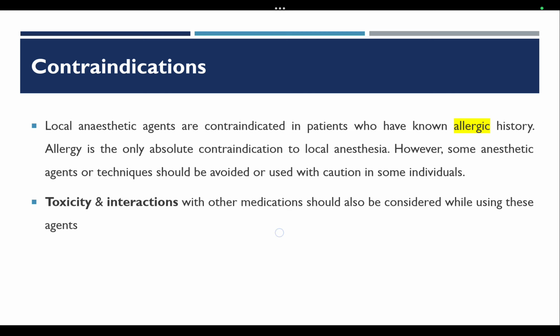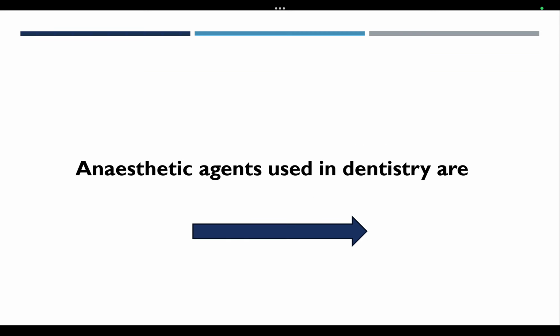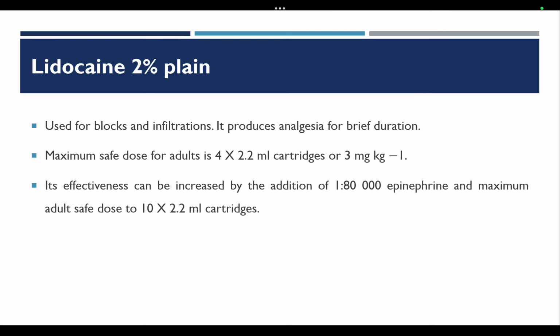The anesthetic agents used in dentistry are, of course, lidocaine 2% plain. It's used for block and infiltration. It produces analgesia for a brief duration, which is good enough to complete a simple dental procedure. The maximum safe dose for adults is 4 cartridges, or 3 milligram per kilogram.